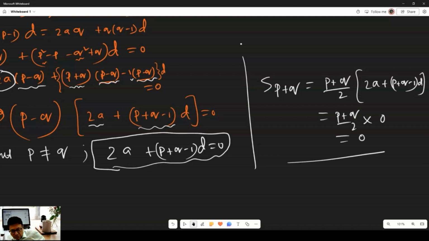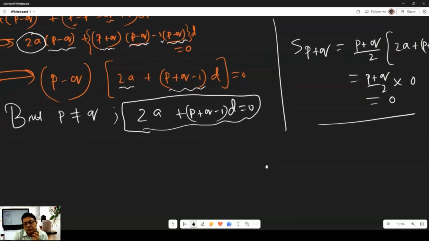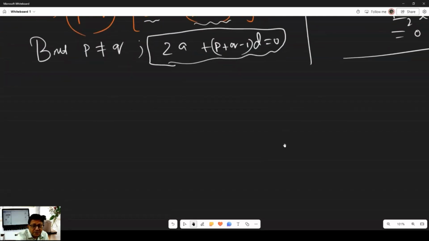Alright? So the answer is equal to 0. Sum of P plus Q terms is going to be equal to 0. Clear? So this was the sum. I will be discussing all the types so that you can tackle the sums in AP quickly.